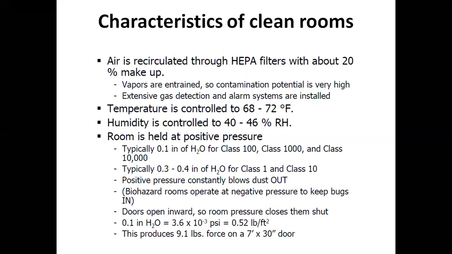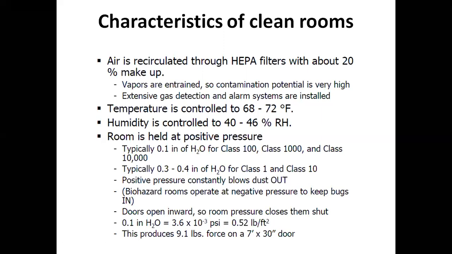So the standard procedure is to keep the clean room at positive pressure, slightly higher than atmospheric pressure. When you open the door, the air would not enter from the outside into the clean room, but clean room air would go out into the atmosphere. That way, no dirty air would enter the clean room.